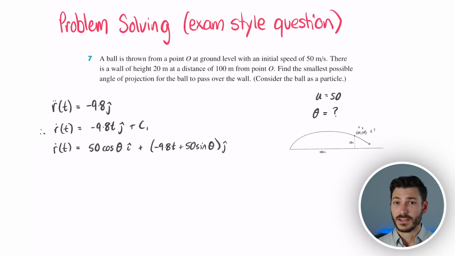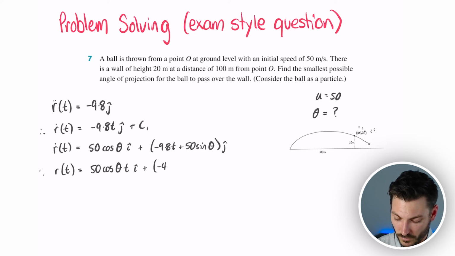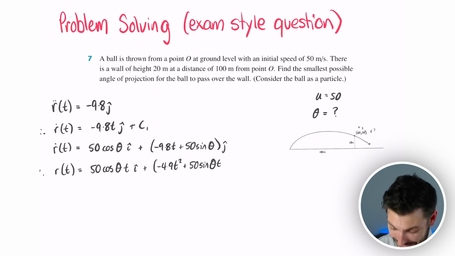Right, that's initial velocity. Let's go one step further and get position by saying r of t is equal to 50 cos theta t in the i direction plus negative 4.9 t squared plus 50 sine theta t in the j direction.